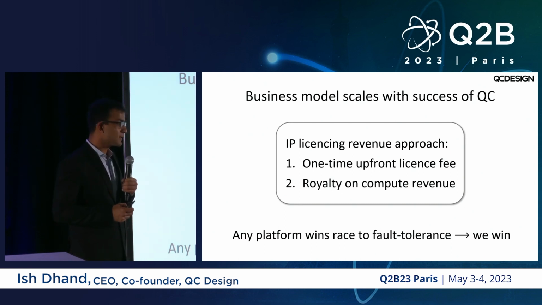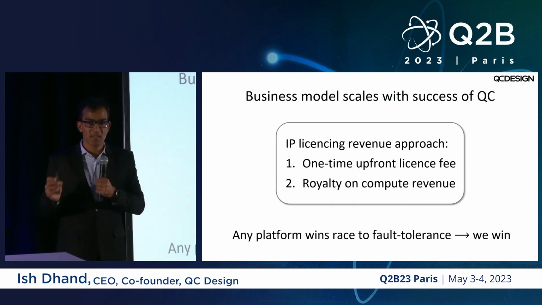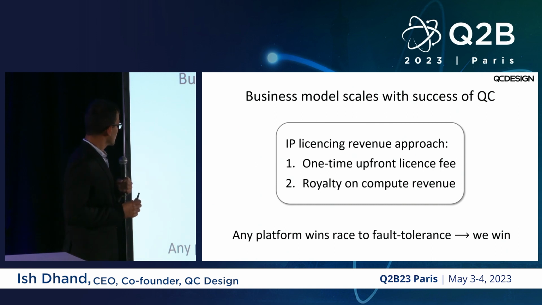In the long run, our main revenue will come from royalties on the compute time, a tiny fraction of the compute revenues from devices built using our designs. This way, it's clear that we succeed when our customers succeed. And that's true no matter which platform or platforms are the first to get to fault tolerance.